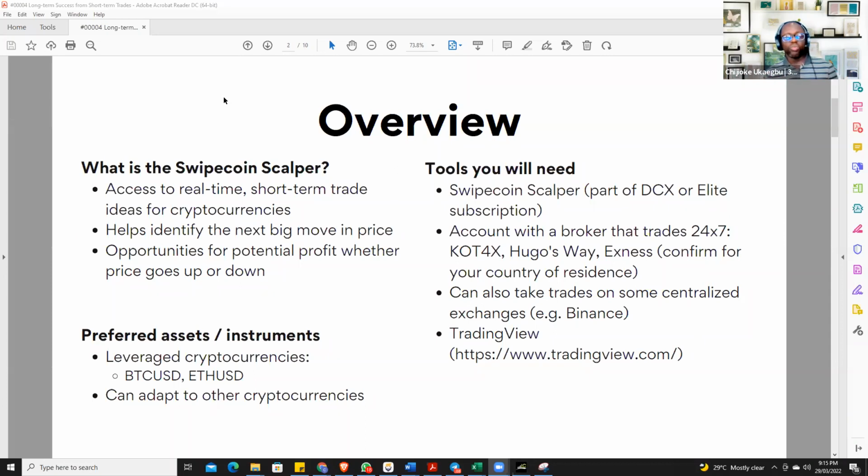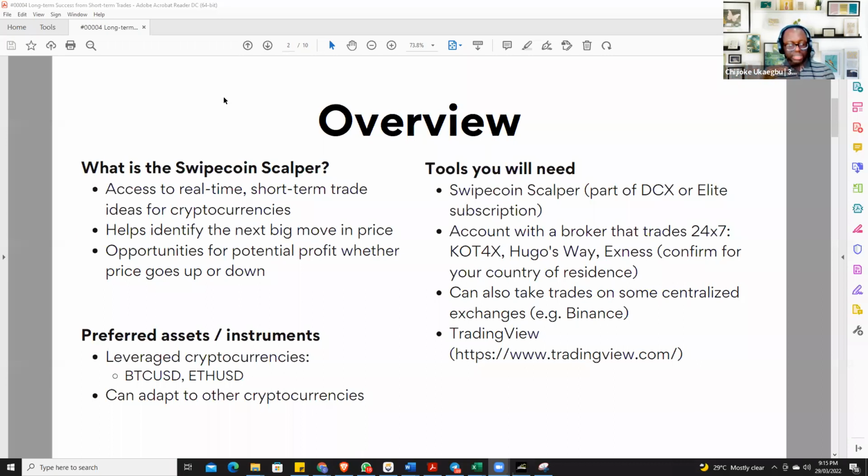We'll talk about how you can design the Swipecoin Scalper around your lifestyle. That's one of the things that's truly powerful about this tool. But the way it works is it helps you identify what the next big move in the cryptocurrency market is going to be.